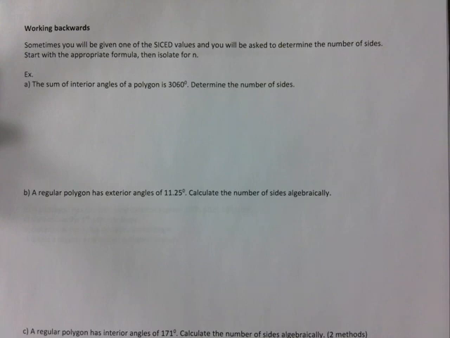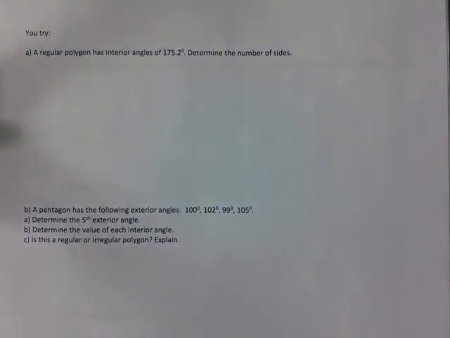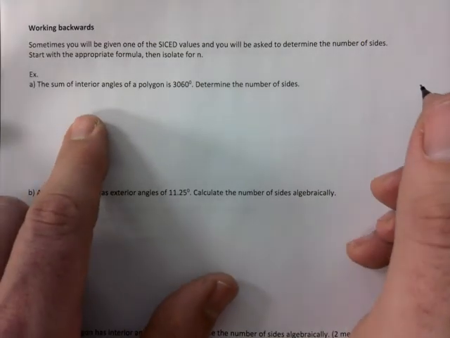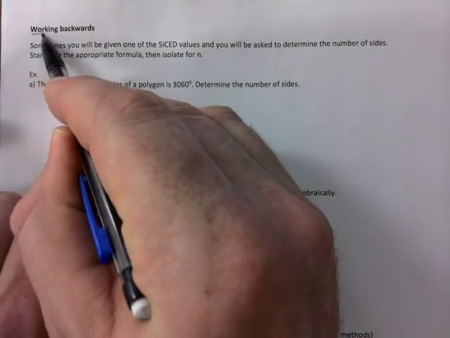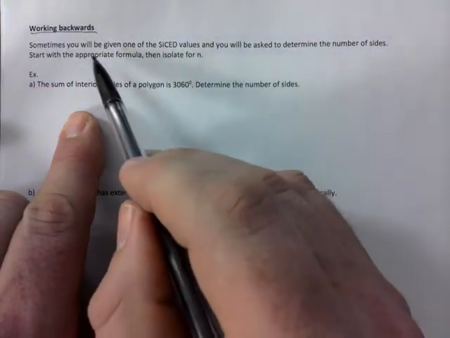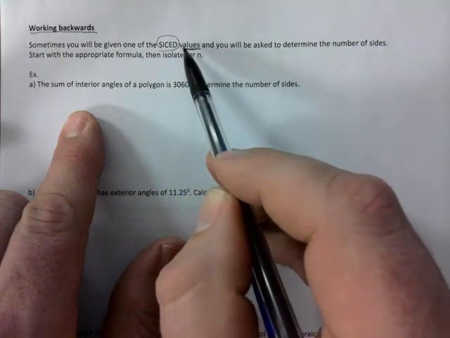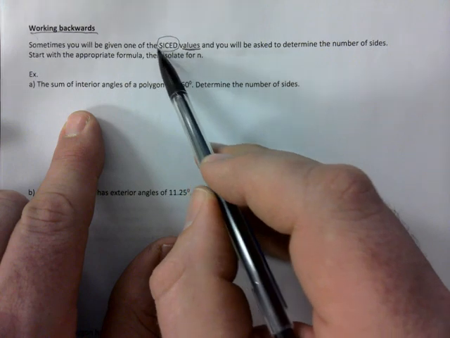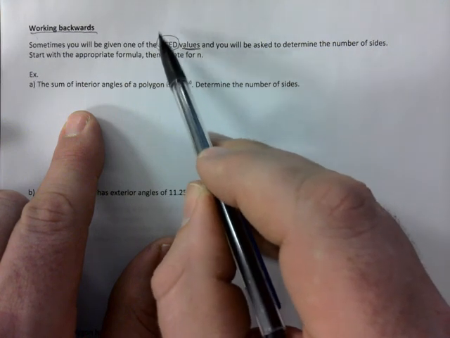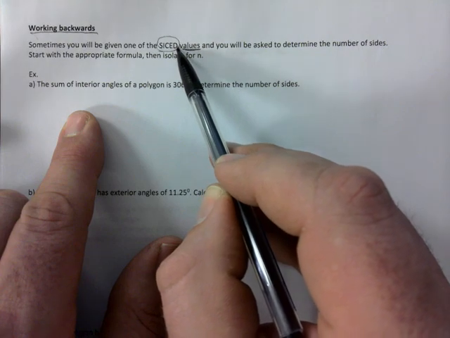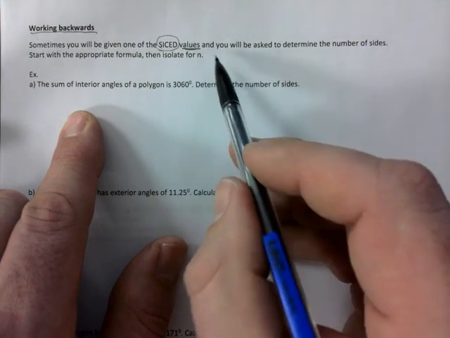I'll just do 1 or 2. Okay. So working backwards, sometimes you'll be given one of these values, either the sum, the interior, the central, the exterior, or the number of diagonals, that might be a bonus, right?